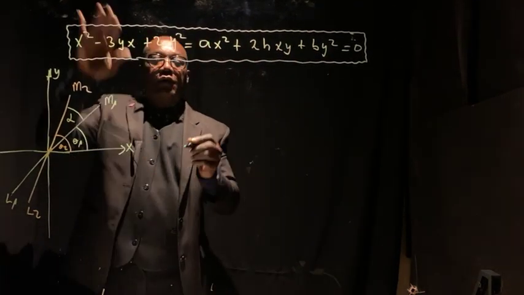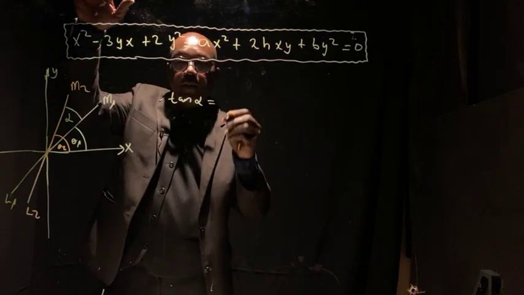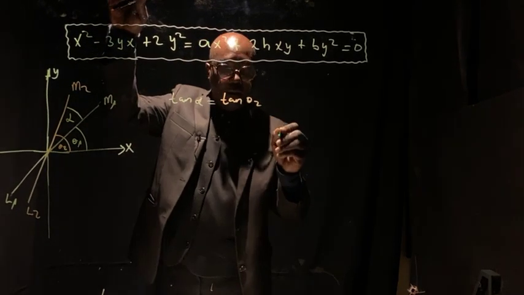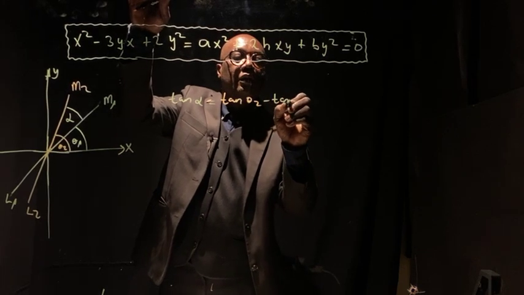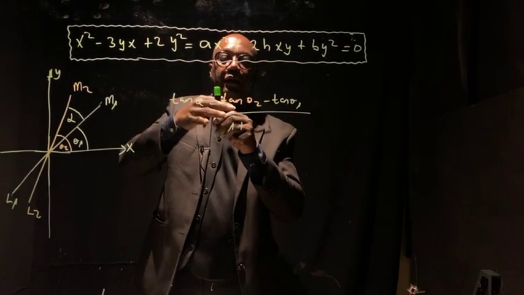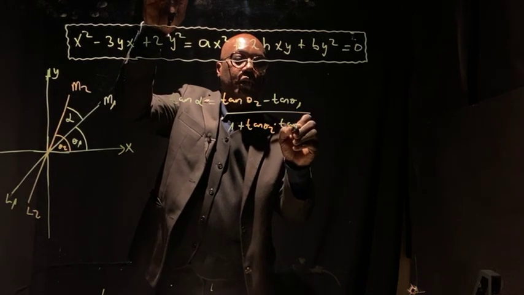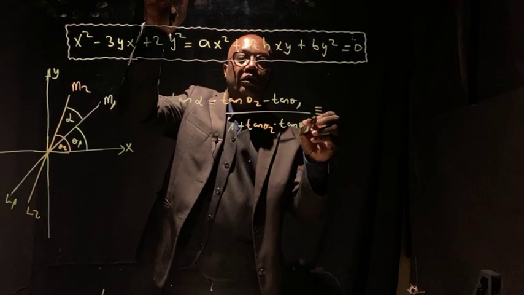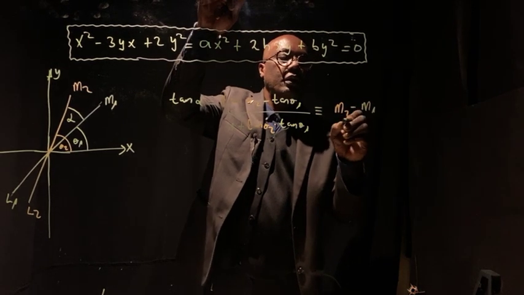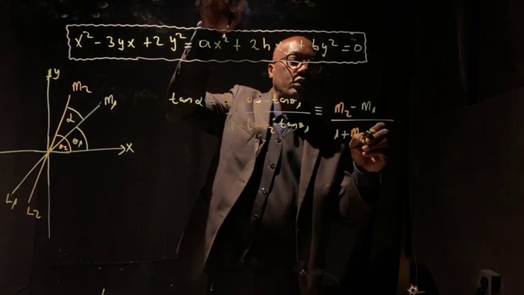Good. Therefore, tan alpha equals tan theta 2 minus tan theta 1 all over 1 plus tan theta 2 multiplied by tan theta 1, which is very much identical to m2 minus m1 all over 1 plus m2 multiplied by m1.